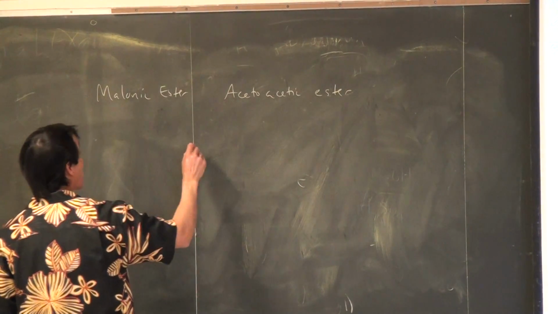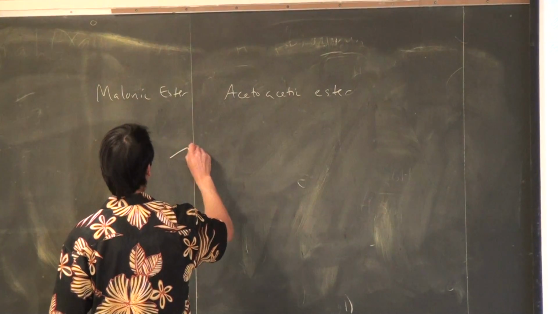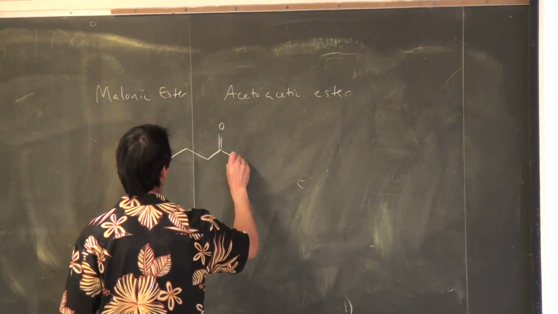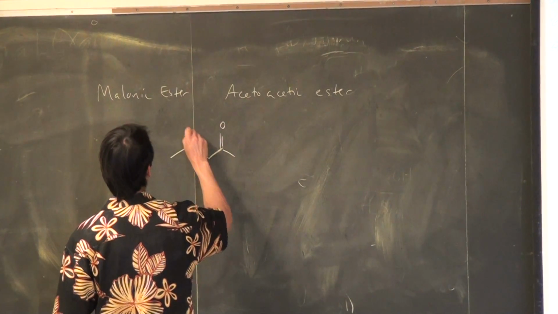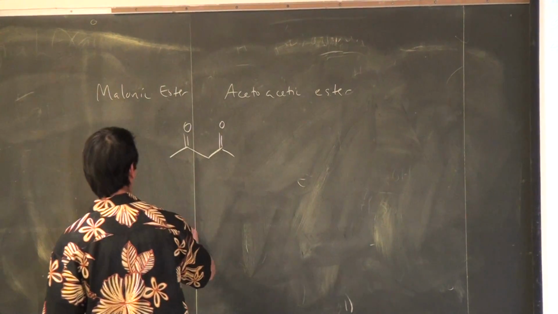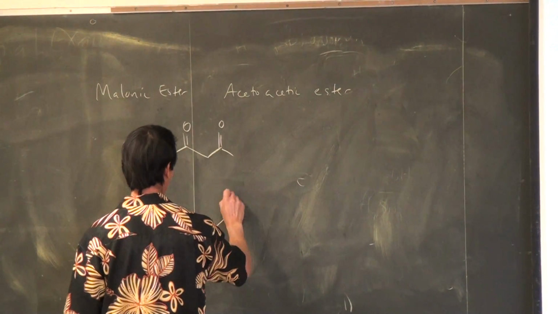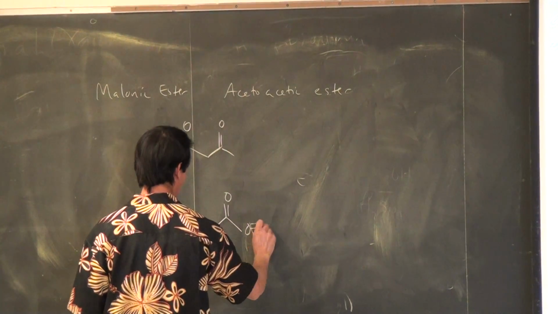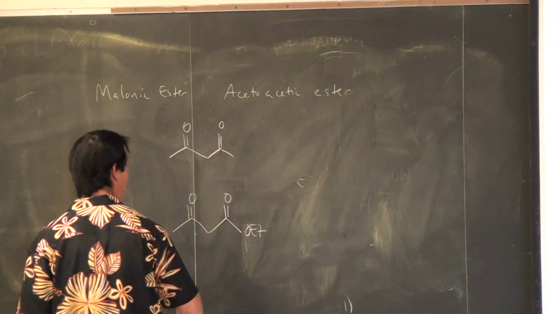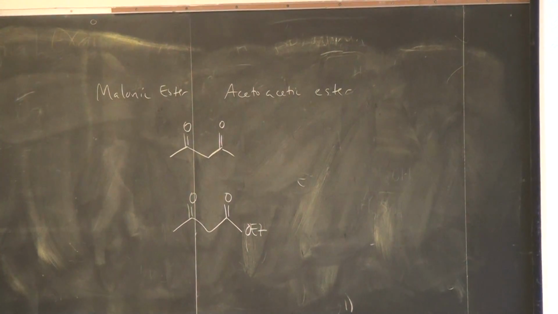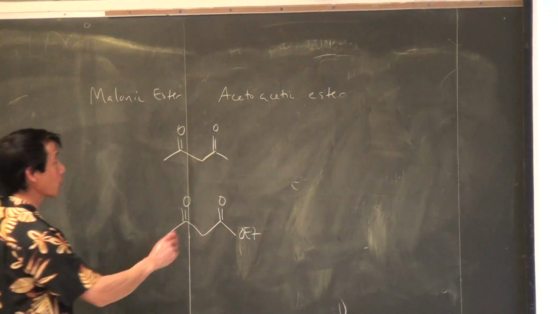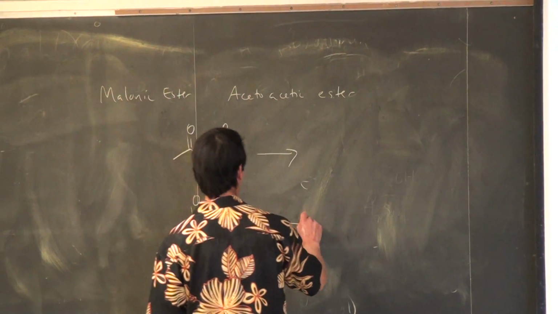For example, I can't remember which one of these, so this one, or it's this one. Remember that? Then from there, you can do the same thing. So we'll treat each of these with a base, form this.